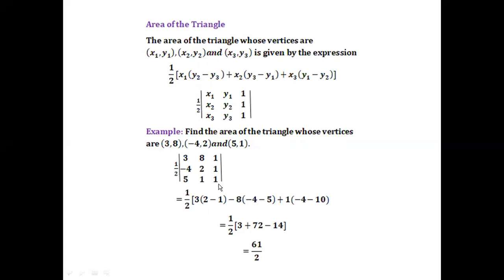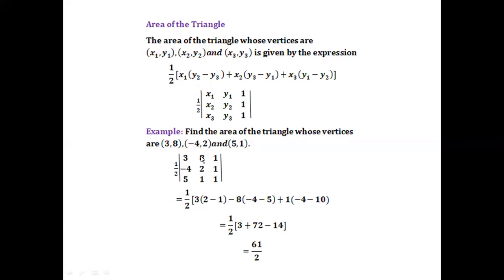Again we have the general formula for a determinant of order 3 by 3. By using that formula, solve this determinant. 1/2 as it is, 3 is present in first row, first column, so the determinant of its minor is 4 minus 1.